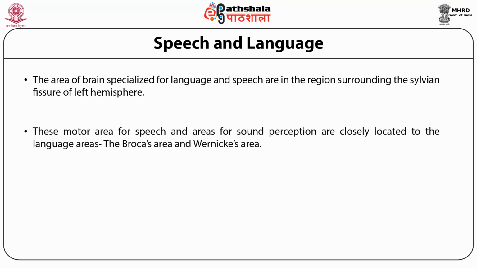The motor area for speech and for sound perception is closely located to Broca's area, immediately in front of the motor area, or the language area, and Wernicke's area, immediately behind and to the side of the auditory area.